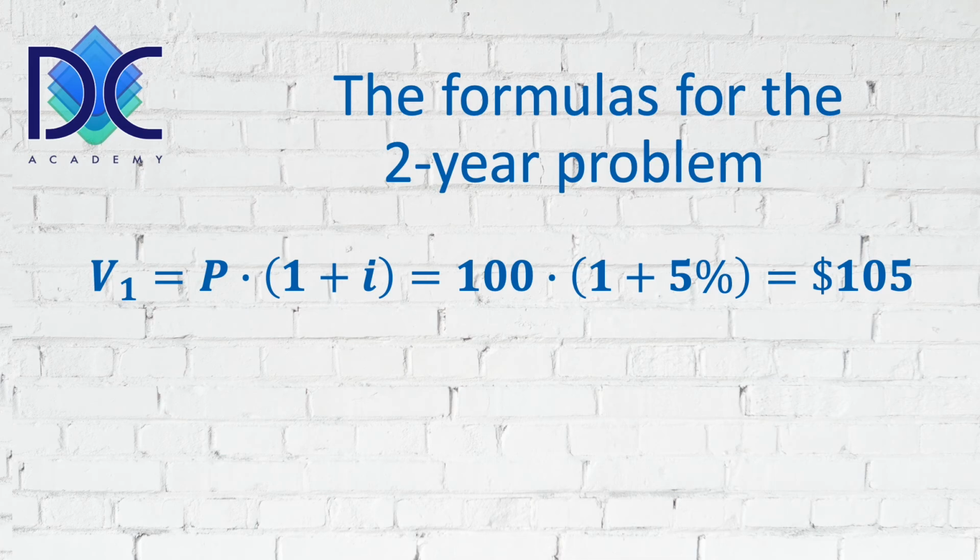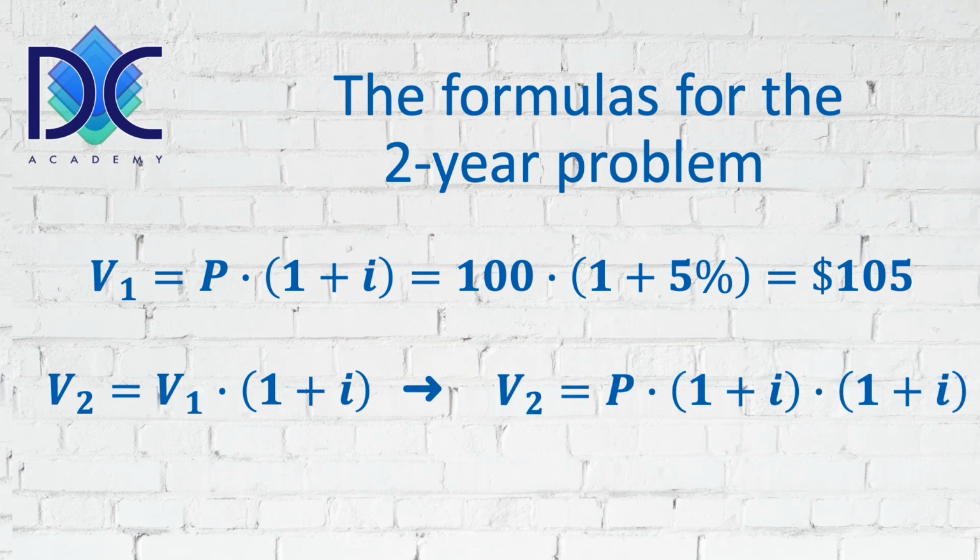Now we use the amount, the value after the first year as the principal for the following year. So we have in fact V1 multiplied with 1 plus the interest rate. And V1 we can replace by the principal, the $100, multiplied with 1 plus the interest rate.